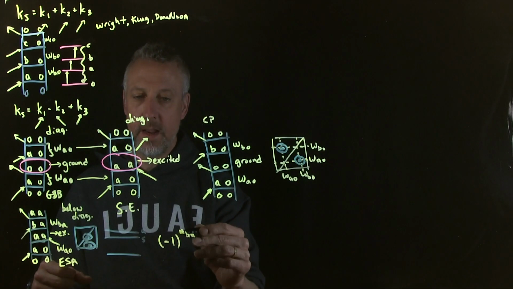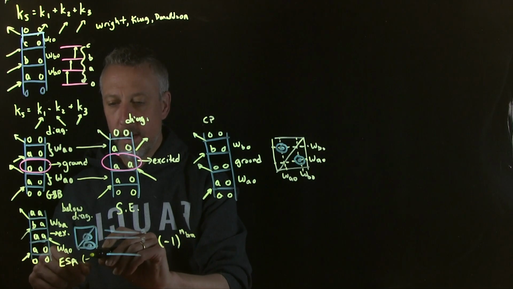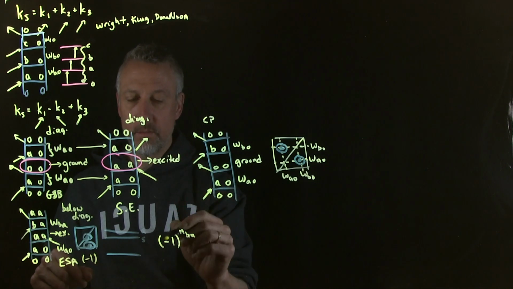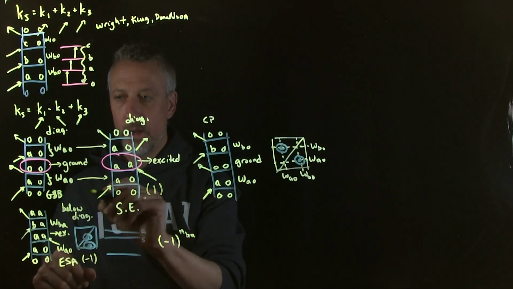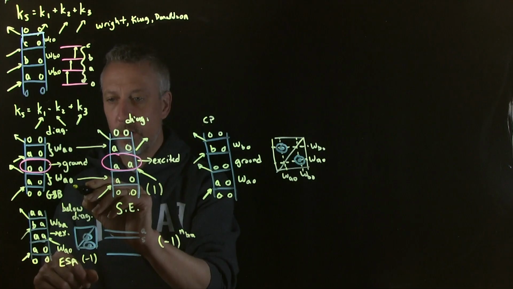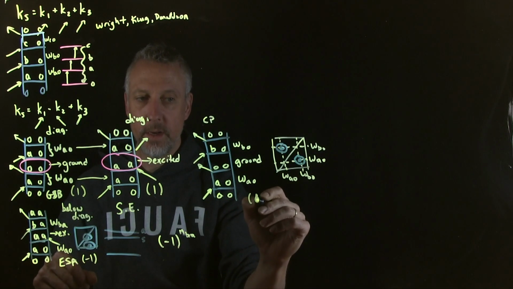So when n is 1, like it is here, this sign is -1. Here we have 2, so it's -1 squared, so the overall sign is 1. Same thing here, there's 0, so -1 to the 0 is also 1. Here they're also 0, so the -1 to the 0 is 1.